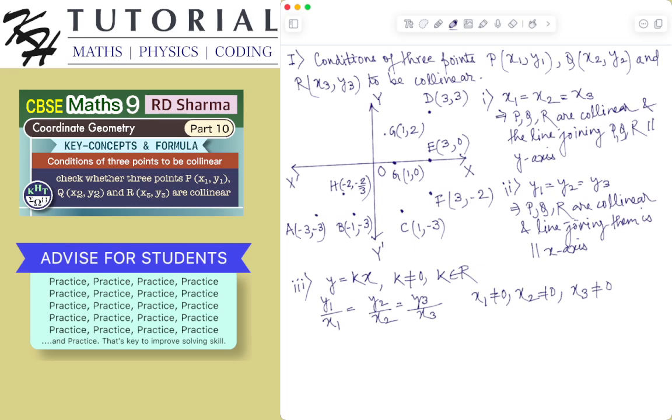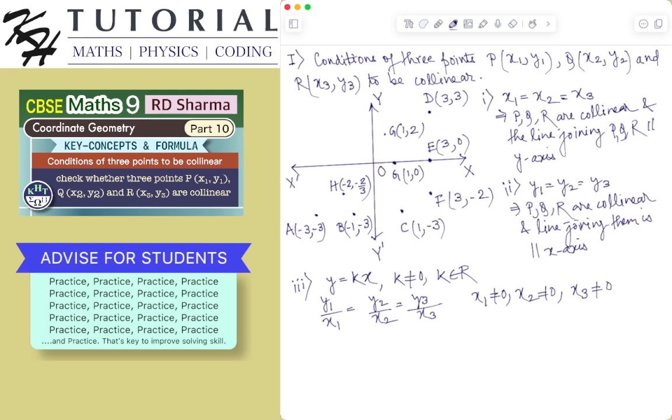If y1 by x1 is equal to y2 by x2 is equal to y3 by x3, then this will ensure that the points P, Q and R are collinear and they lie on a line whose equation will be y equals kx, and that line will pass through the origin. So these are the three special cases.